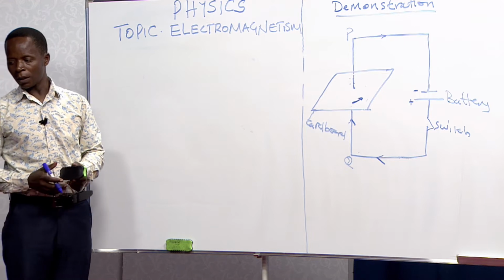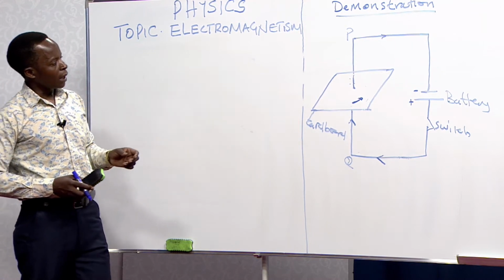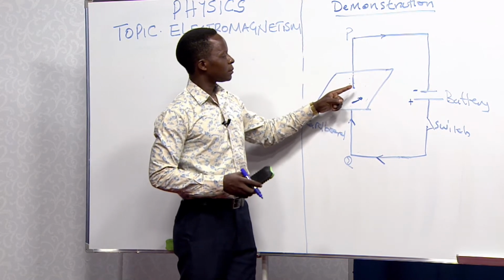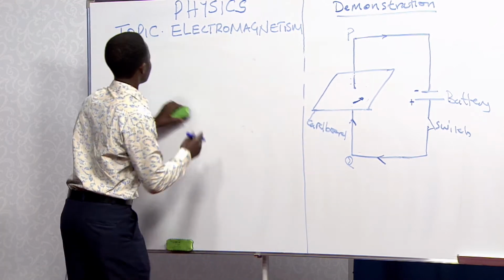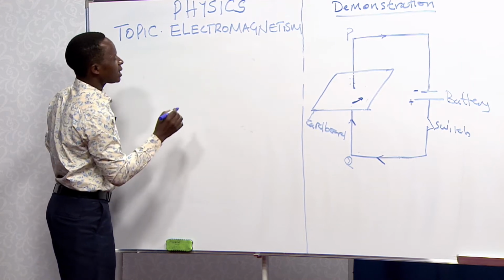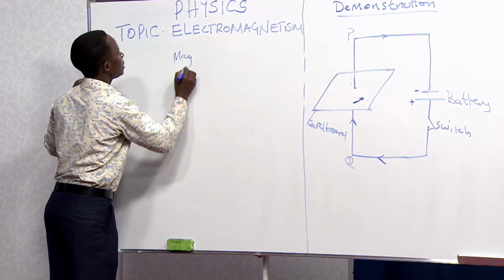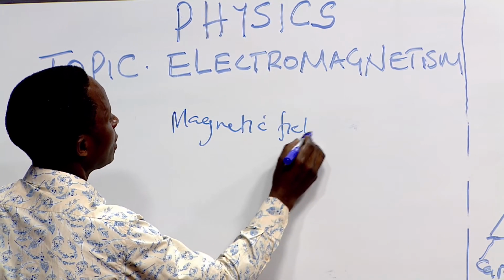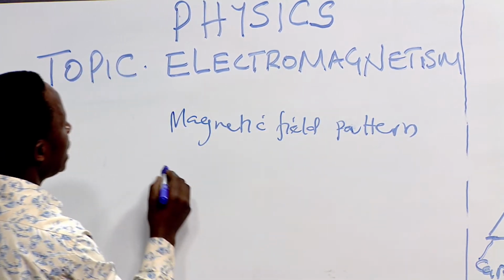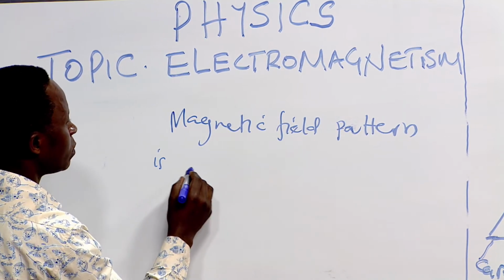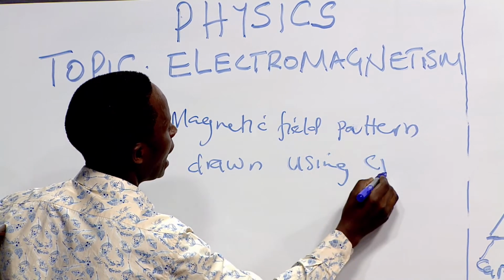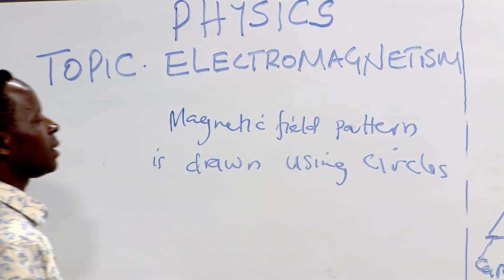Now, we realize therefore, we can make a conclusion from this that the magnetic field pattern is drawn using circles, imaginary lines.